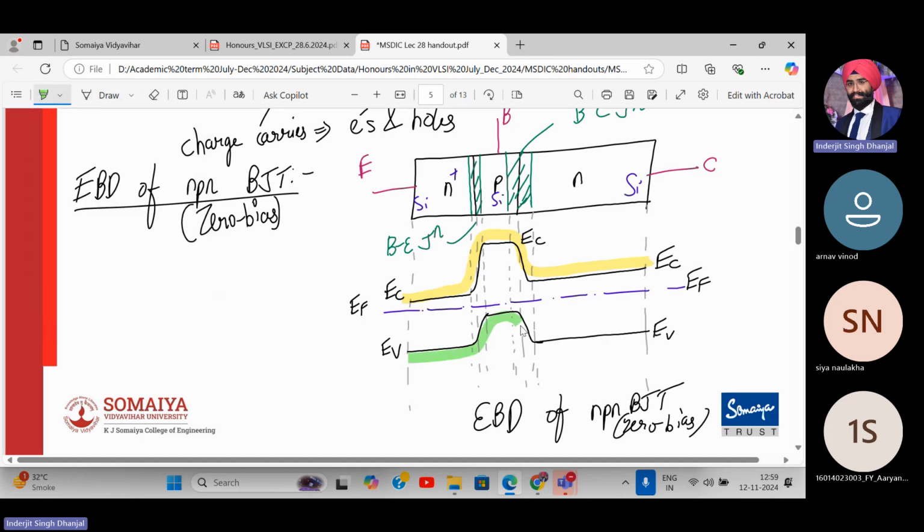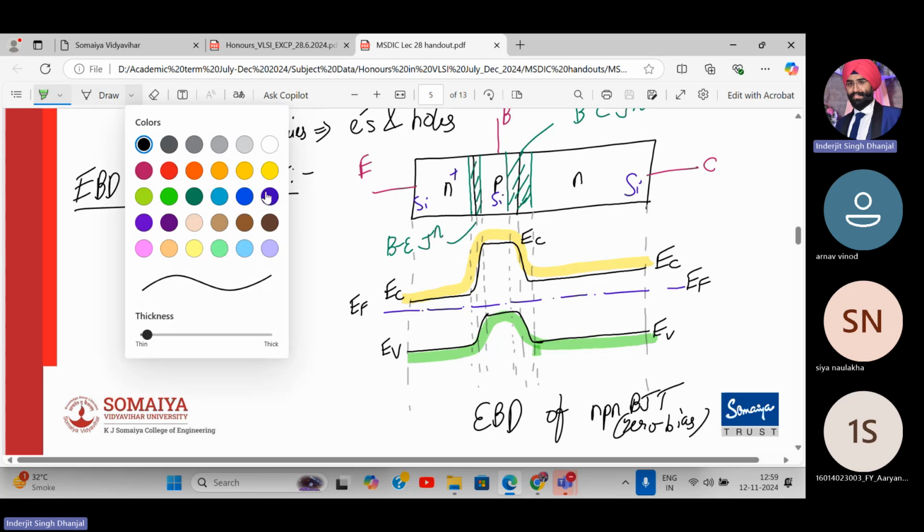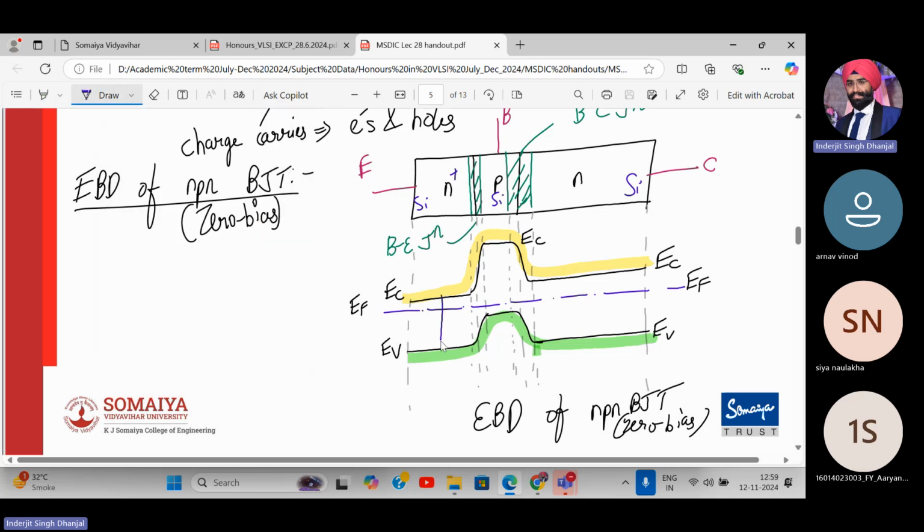Below this level, all states are occupied. This is your energy band gap. It will be the same throughout. Remember that, the energy band gap remains the same.